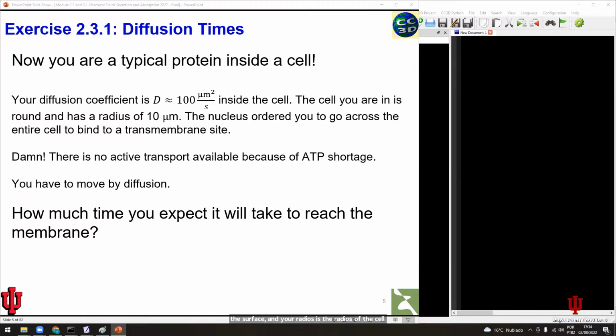So you want to travel 10 micrometers with a diffusion coefficient of 100 micrometers squared per second, and there is no active transport available. How much time do you expect it will take to reach the membrane? So 100 micrometers squared per second for the diffusion coefficient, and you want to travel 10 micrometers. How much time will you take on average?